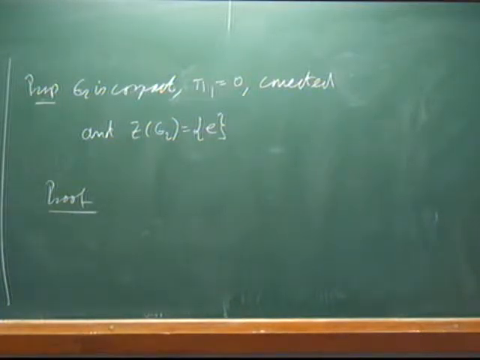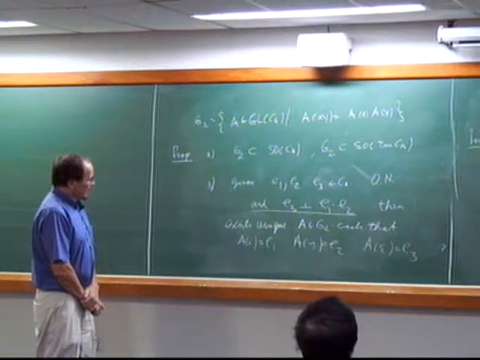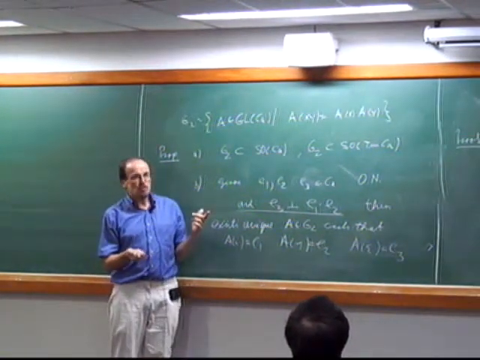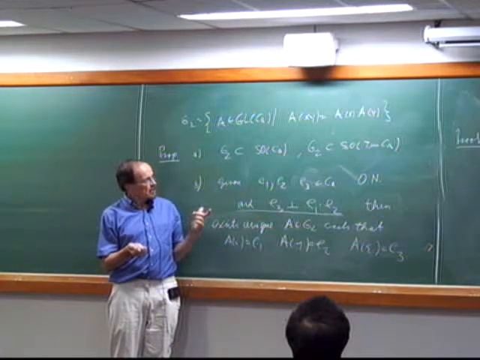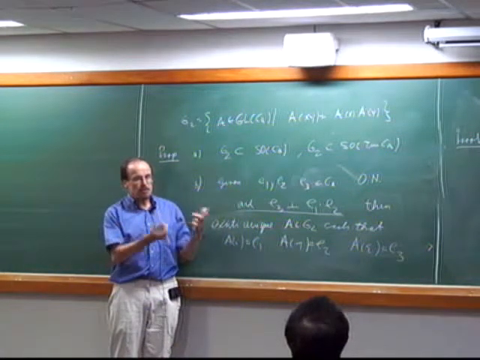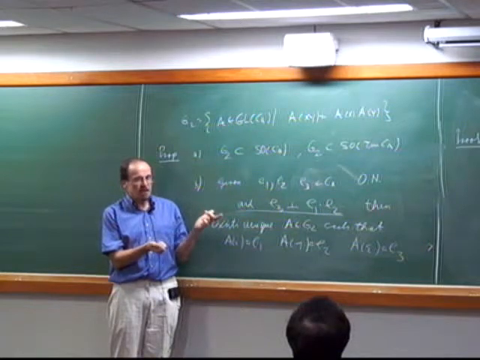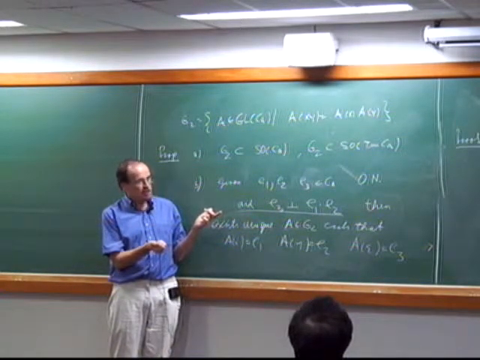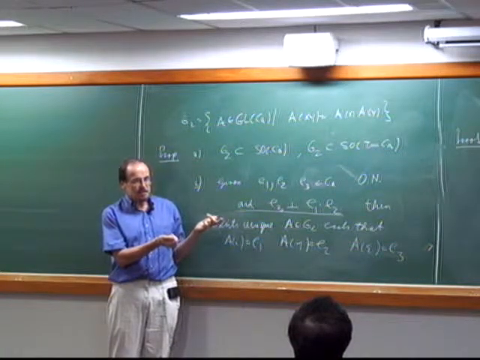I claim compact and connected are clear, right? I can take E1, E2, E3 arbitrary as long as E3 is orthogonal to the product of E1 and E2. So of course I can move such a 3-frame continuously to the 3-frame I, J, and epsilon. Right, so every automorphism can be continuously moved to the automorphism which is the identity.